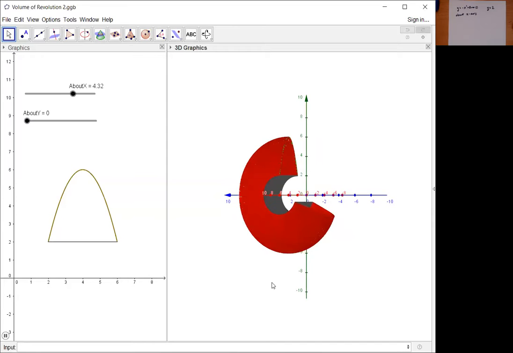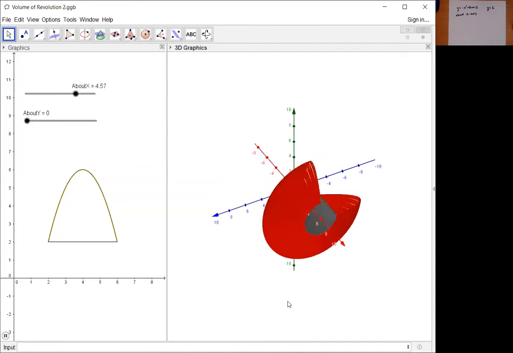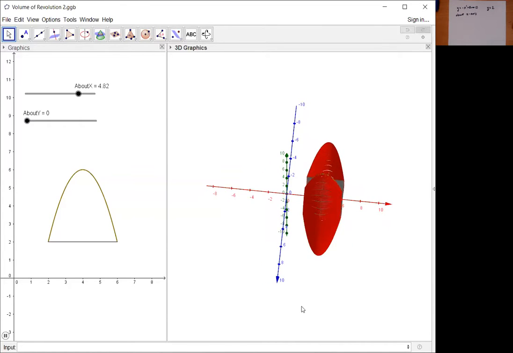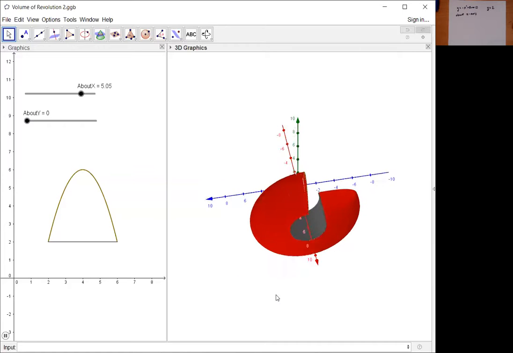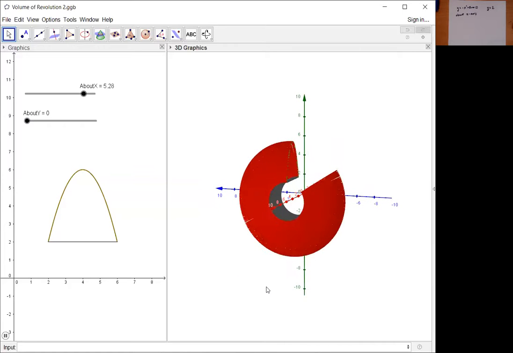So what we've got is this shape that kind of looks like maybe a squished ball with a hole cut through it. It's like if you were to take a very soft rubber ball, squish it down, freeze it, and then drill a hole through it. Okay, you get this strange looking shape.